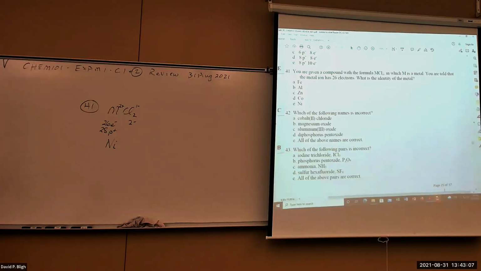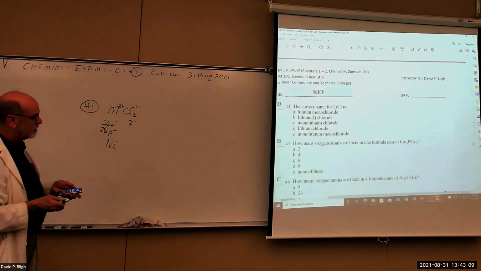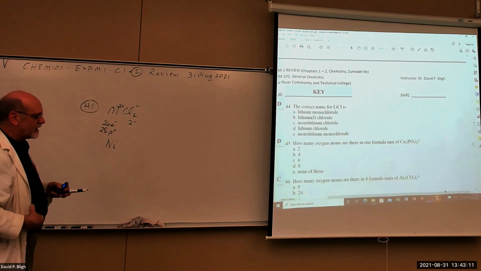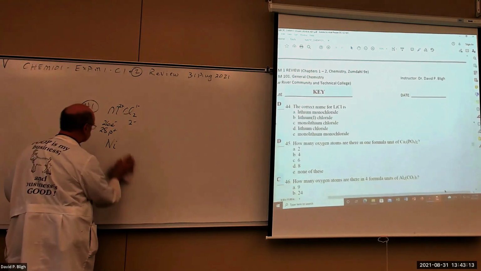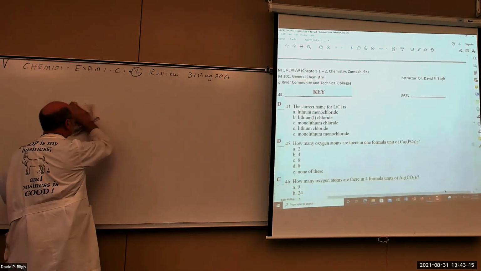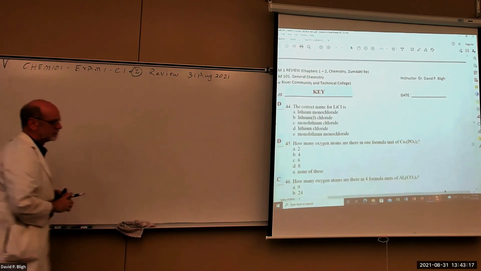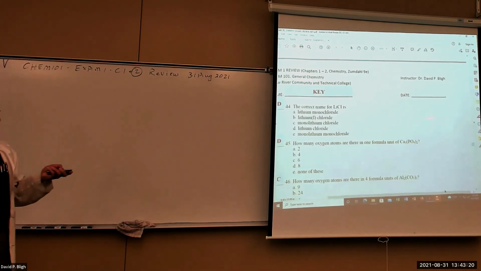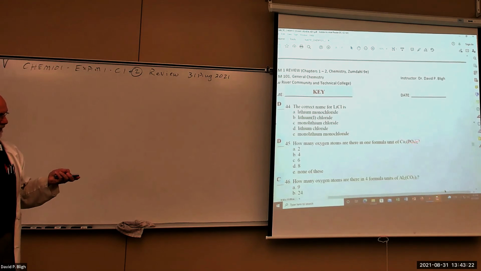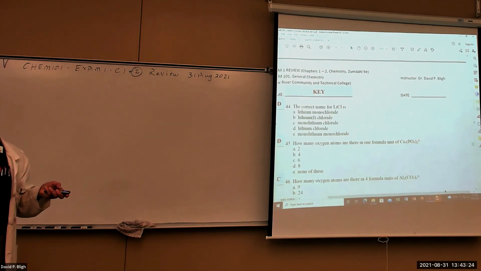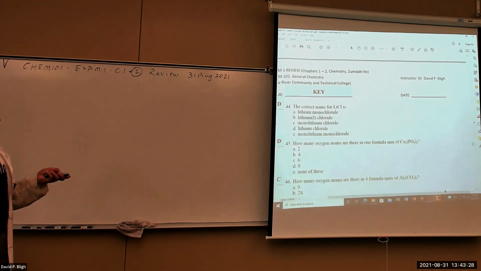45. There it is. How many oxygen atoms are in that formula? Well, you've got 4 in this phosphate group, but there are 2 of them, right? 8 oxygens in that formula.